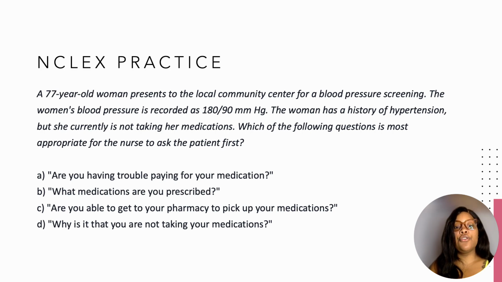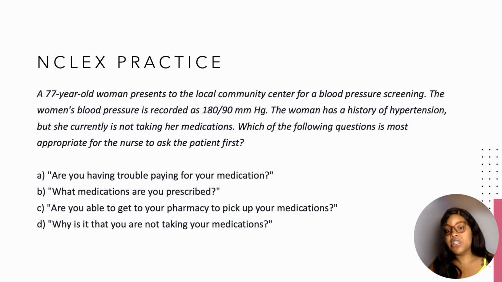All right, so if you chose D, this is correct. It is important for the nurse to first find out the reason why the patient is not taking their medications. Remember, adhering to your therapeutic program may be difficult for older adults. The medication regimen can be difficult to remember, and the expense can be challenging.